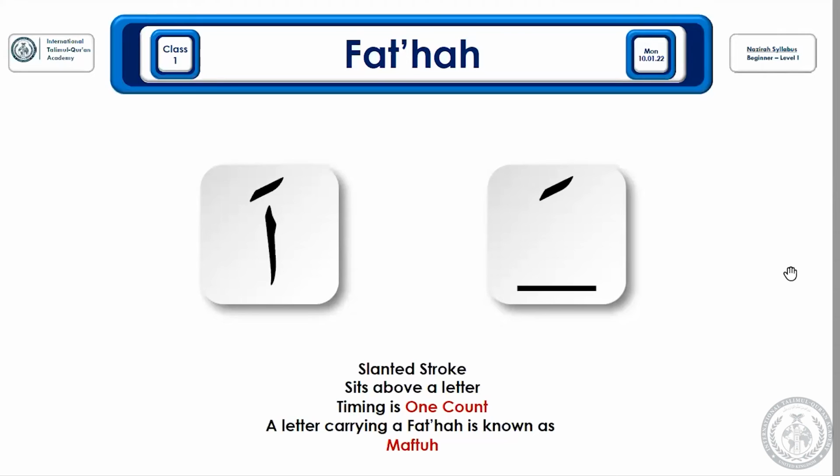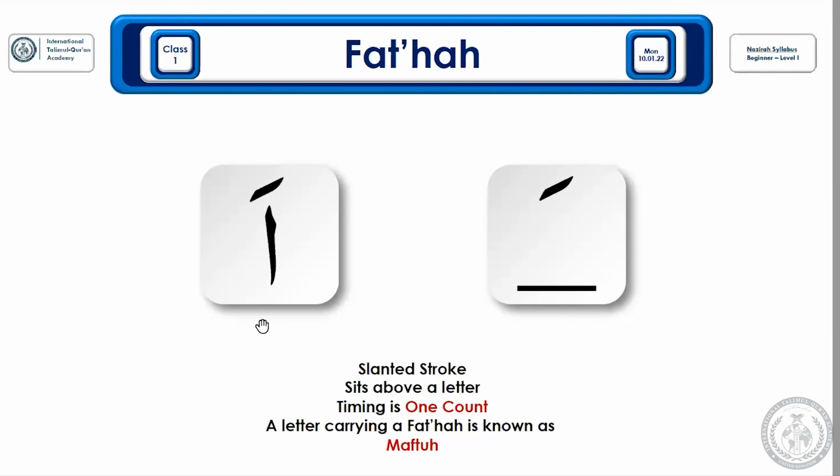Any letter that carries a fatha on top of it is called a maftuh letter. So this alif is a maftuh letter because it has a fatha. I will read it as "a", short and simple, only 1 count. I must not prolong it. That's the first type of short stroke.